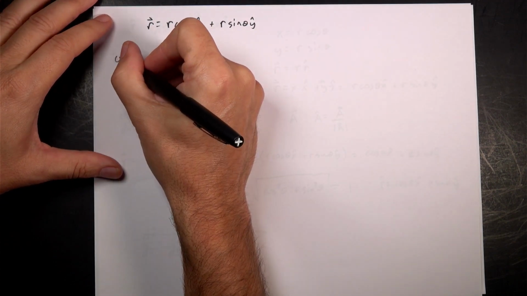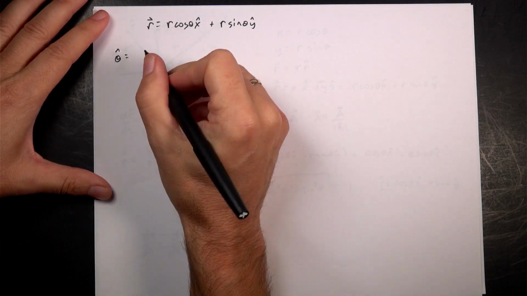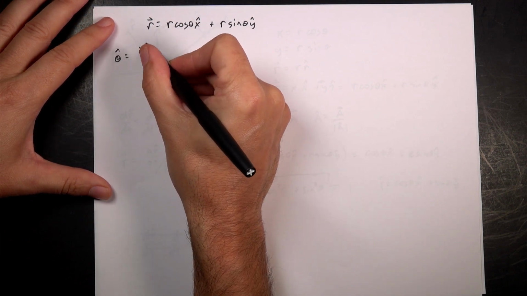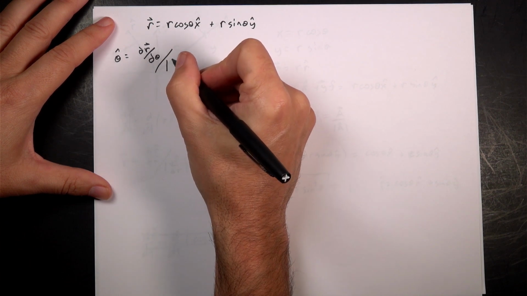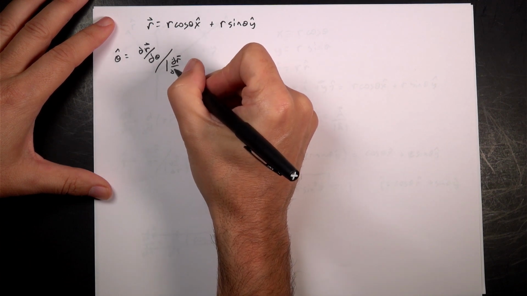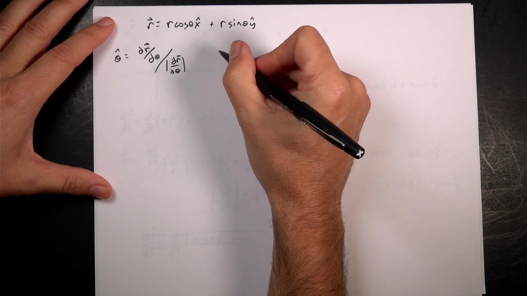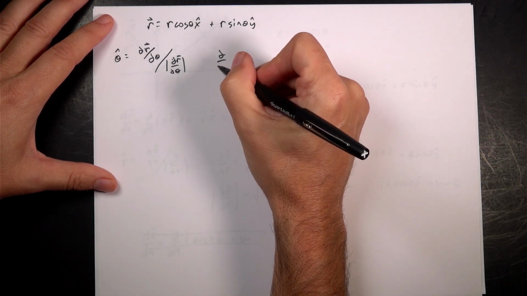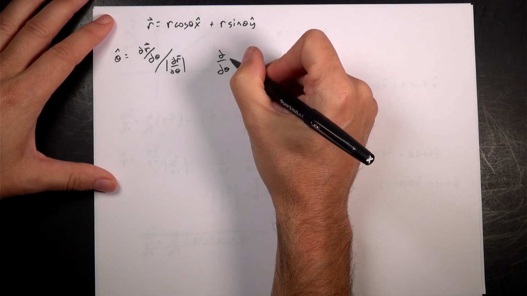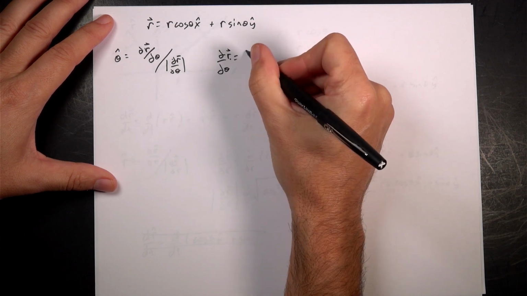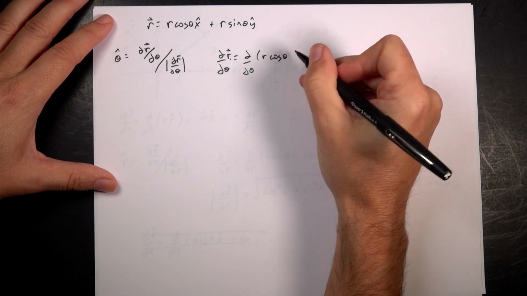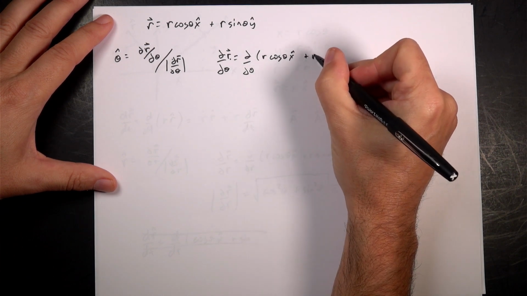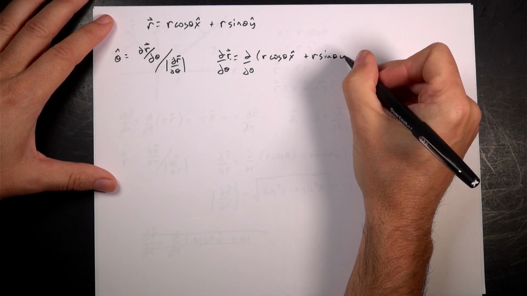And so theta hat is going to be equal to the partial of r with respect to theta divided by the magnitude of the partial of r with respect to theta. So let's take the partial of r with respect to theta. The partial with respect to theta of r is going to be the partial with respect to theta of r cosine theta x hat plus r sine theta y hat.